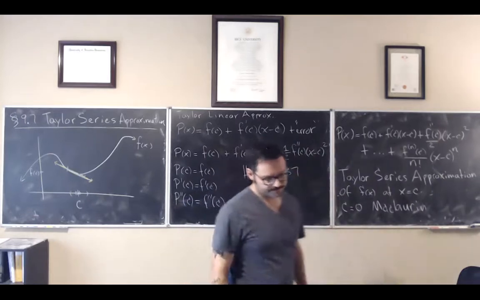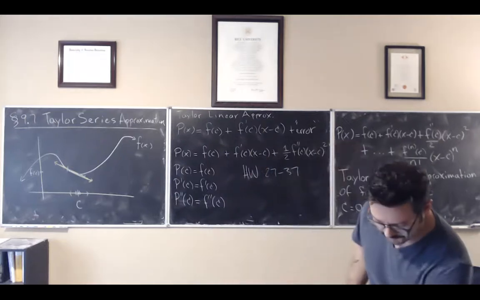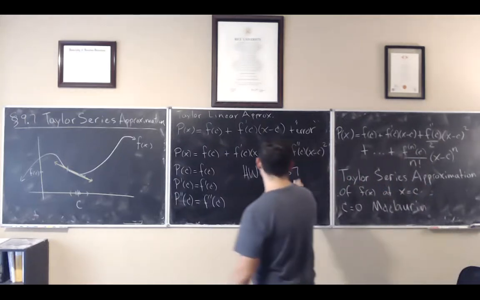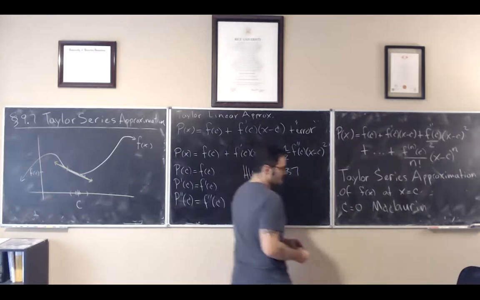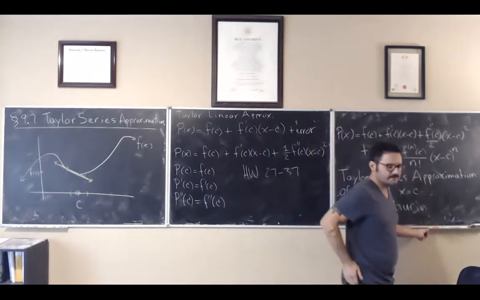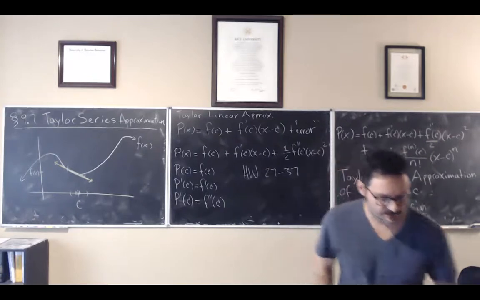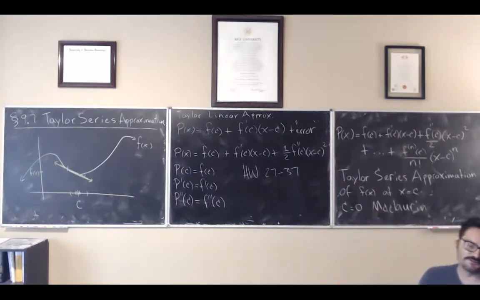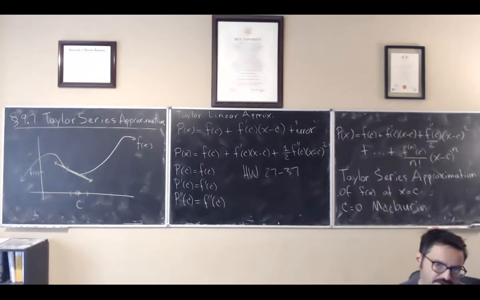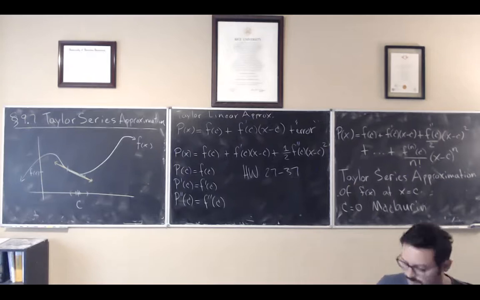There are a few numerical problems here that ask to use a graphing calculator. If you can, just look over what I did with Python. If you have Anaconda installed, it might be a good experience for you to practice plotting, but you don't have to. You can just use a simple graphing calculator. But 27 through 37.